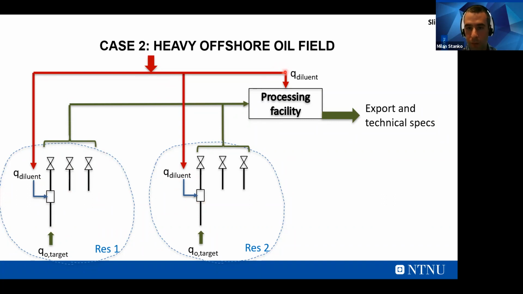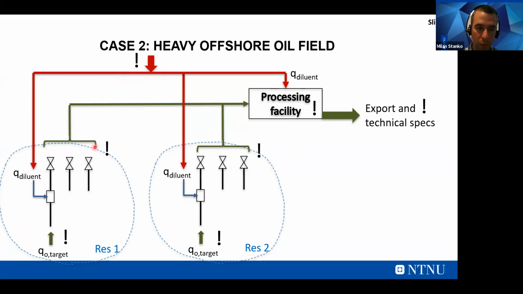And then you also have some injection in the processing facility, because when you cannot help the lifting anymore, you can also help the separation, and then you can meet the export and some technical specs regarding viscosity. So what we were looking at, and here there were many constraints. The liquid rates, oil rates and water rates had to be below some limit. The diluent was limited.